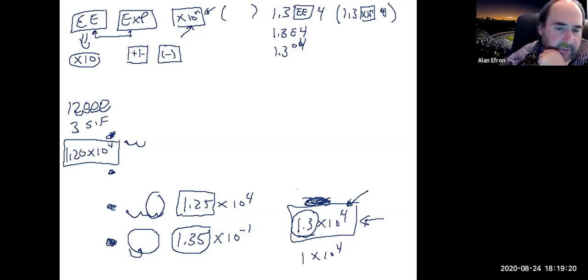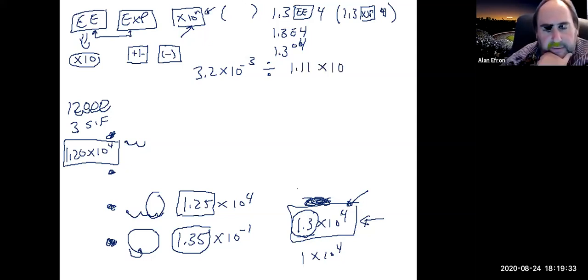Take 3.25 times 10 to the minus 3, and let us divide it by 1.11 times 10 to the 14 and see what you get.